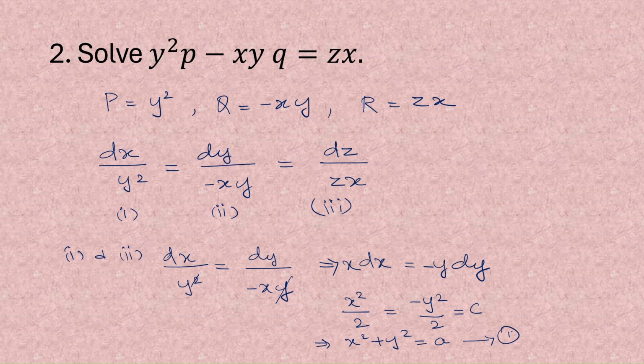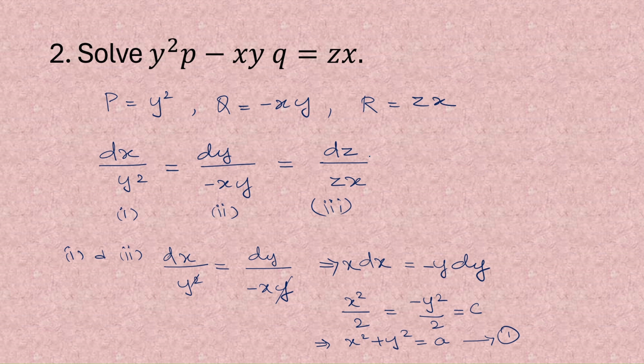Similarly, we have to find another solution. For that, we can equate ratio 2 and 3. While equating ratio 2 and 3, we can cancel the x variable, which means that we have the derivatives of y and z alone.